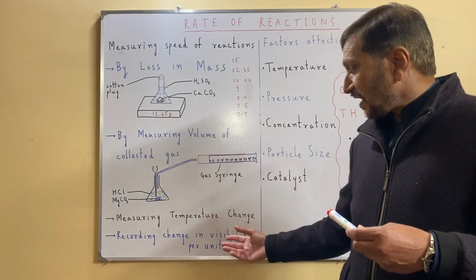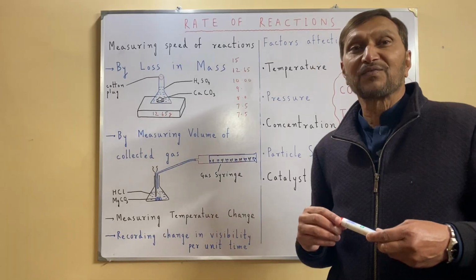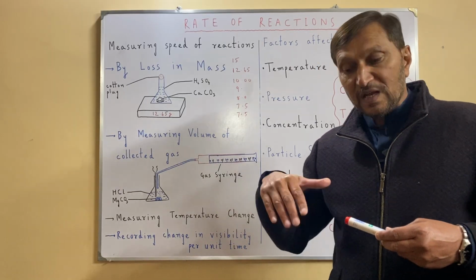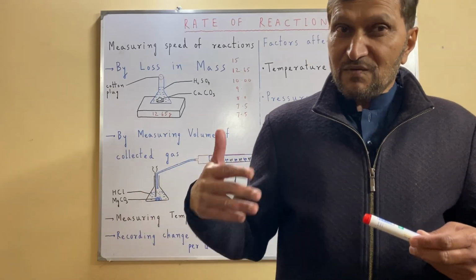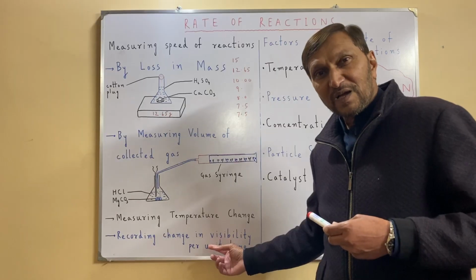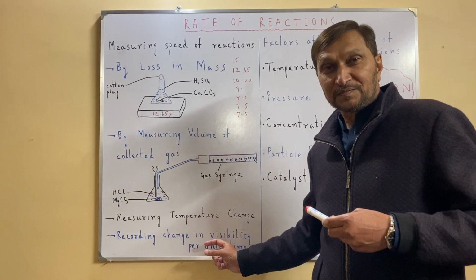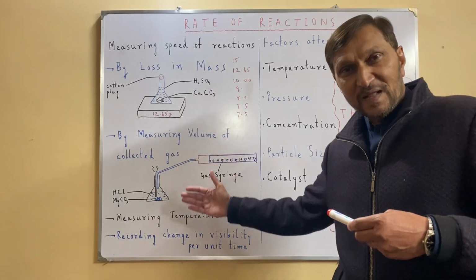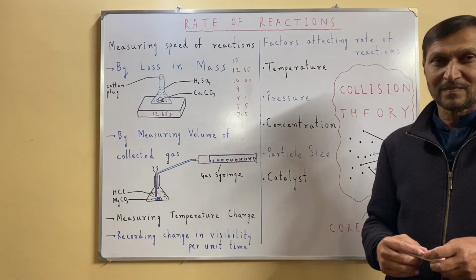Another method can be by recording the change in visibility of the reaction mixture. If the reaction mixture gets turbid after the reaction, we will record the change in visibility with the help of a stopwatch. So these are the different methods to measure the speed of reactions.